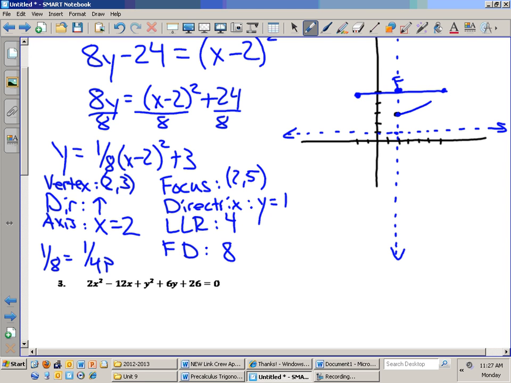The parabola starts at the bottom here. It heads up. A very nicely shaped parabola. Those are those pieces. This piece right here is the focal diameter. And this distance away is the length of the latus rectum.